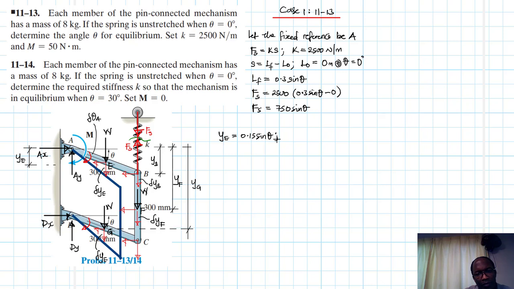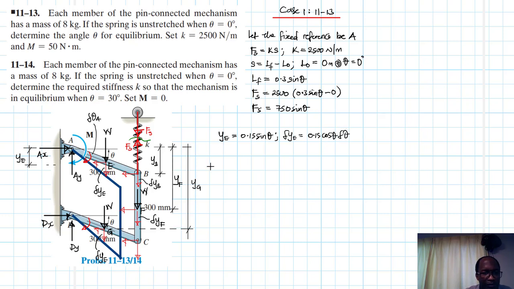Therefore, the vector displacement is del yE equal to 0.15 cos theta del theta.